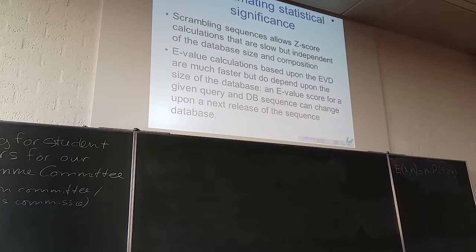But if you just do a plain randomization, then you can do it for a match, a pair of aligned sequences. If you call that a match, you can randomize them and realign them, and then get your distribution of scores. You don't have to know which database they came from.